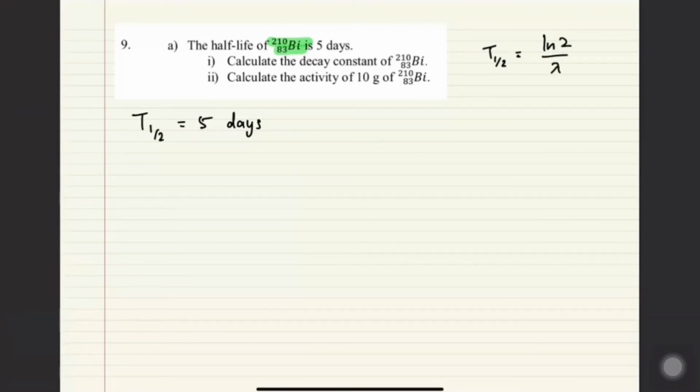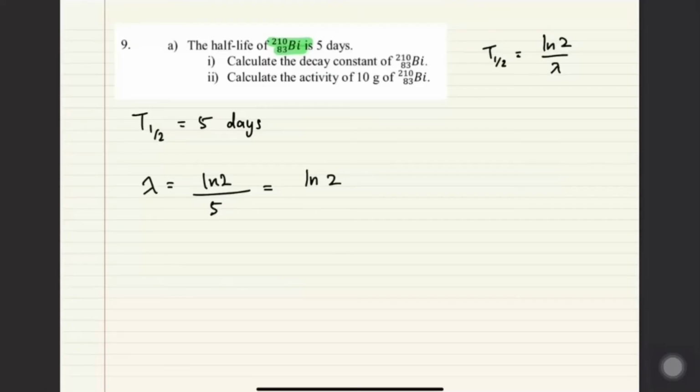So, lambda here is equals to ln 2 over 5 days. Okay, kalau kamu leave it like this, in terms of days, untuk lambda tu akan, unit dia akan days per days lah. Okay, tapi kita nak tukar lah.